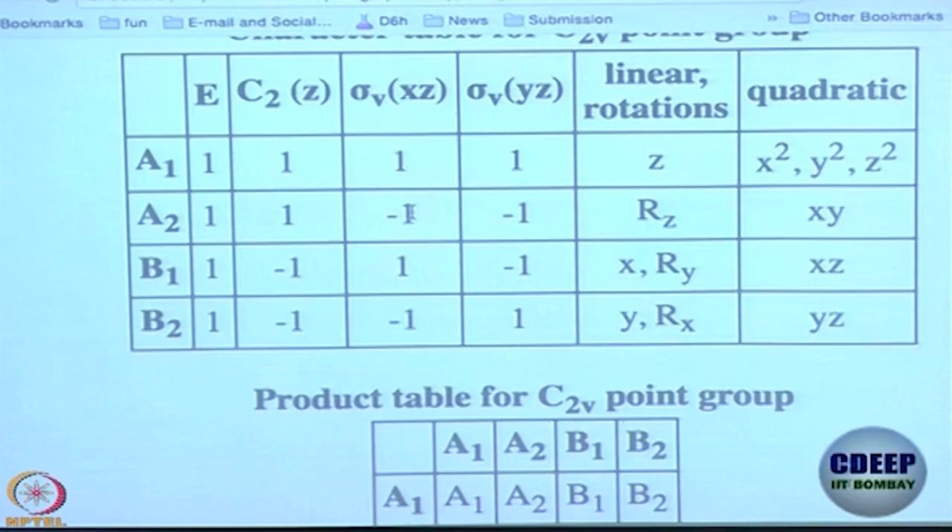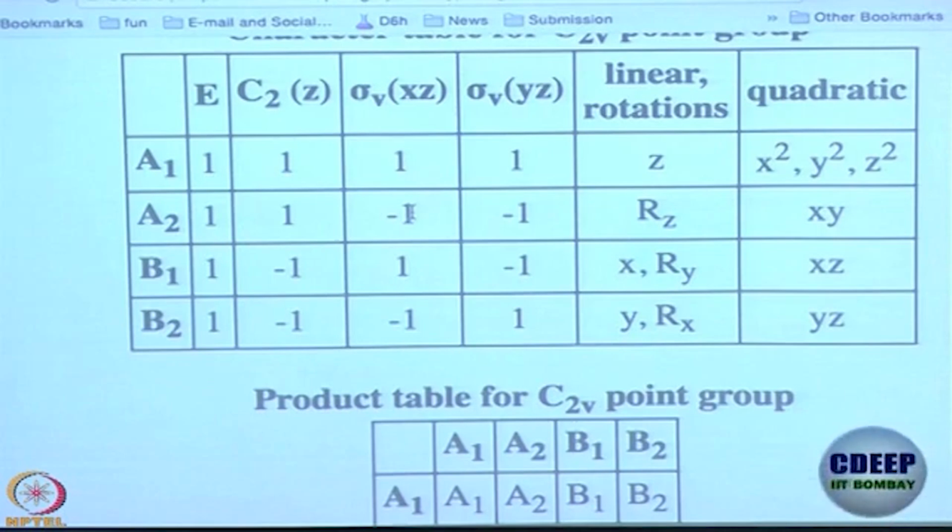What are the characters? 1 into 1 is 1, but then 1 into minus 1 is minus 1. So it cannot be totally symmetric. But if it is A2 and A2, 1 into 1 is 1, 1 into 1 is 1, minus 1 into minus 1 is 1, minus 1 into minus 1 is 1. Same is true for B2. If both the functions belong to B2, 1 into 1, minus 1 into minus 1, minus 1 into minus 1, 1 into 1.